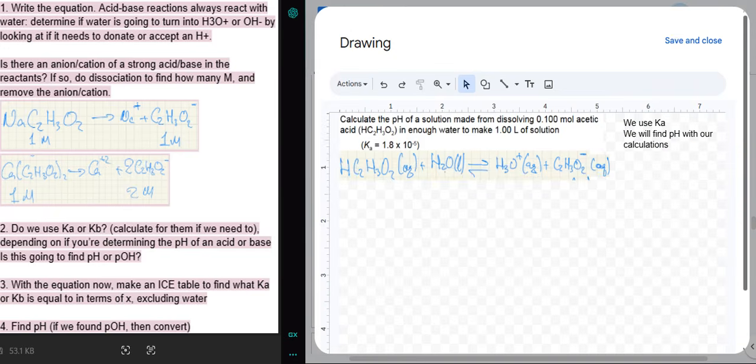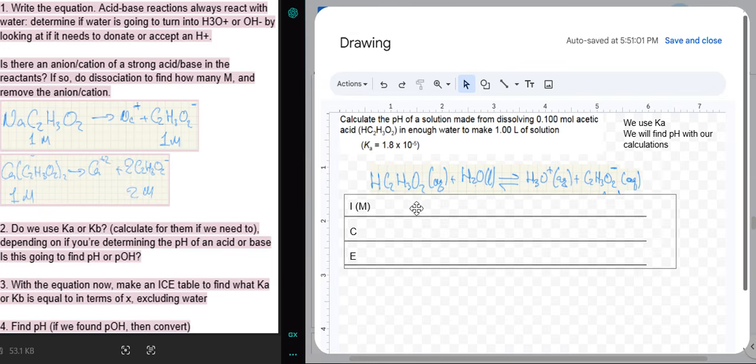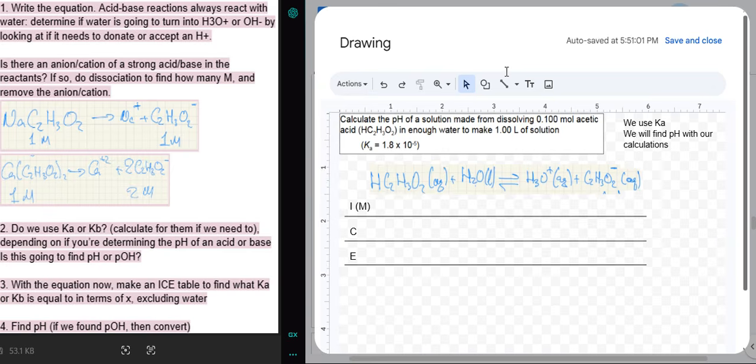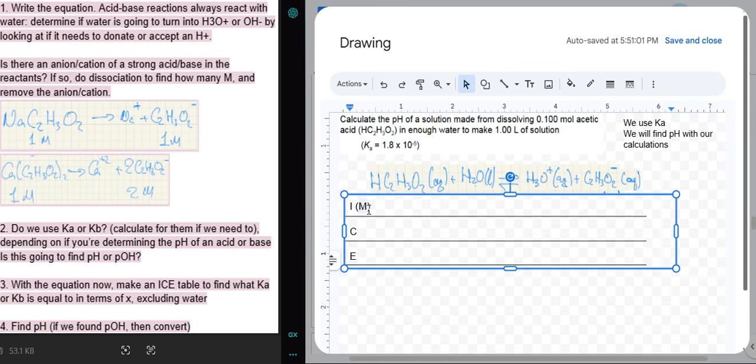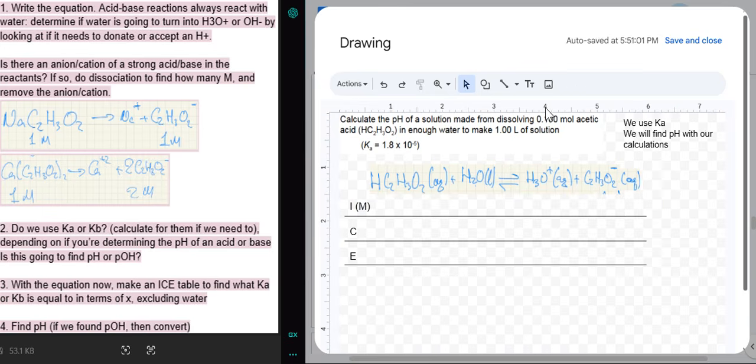Okay, I shifted the equation here more to the center and also added the ice table. So, for I, we put the molarity that we're given. But we're not given any molarity here.